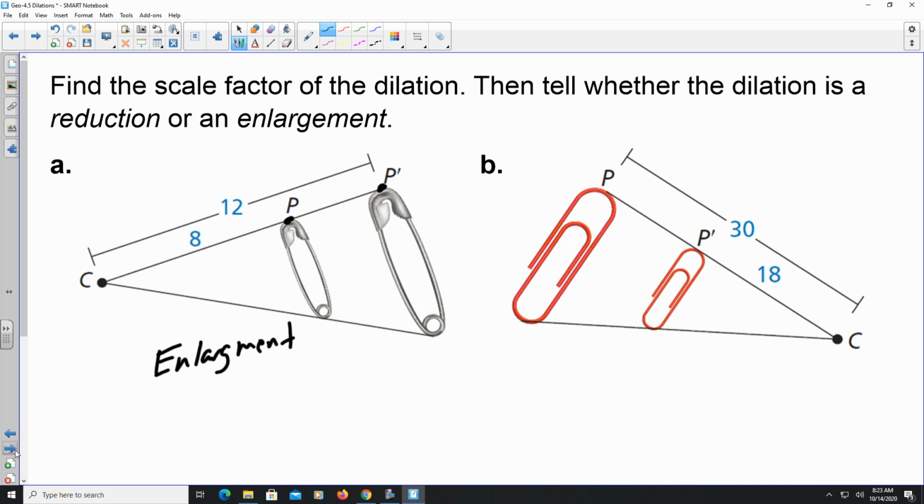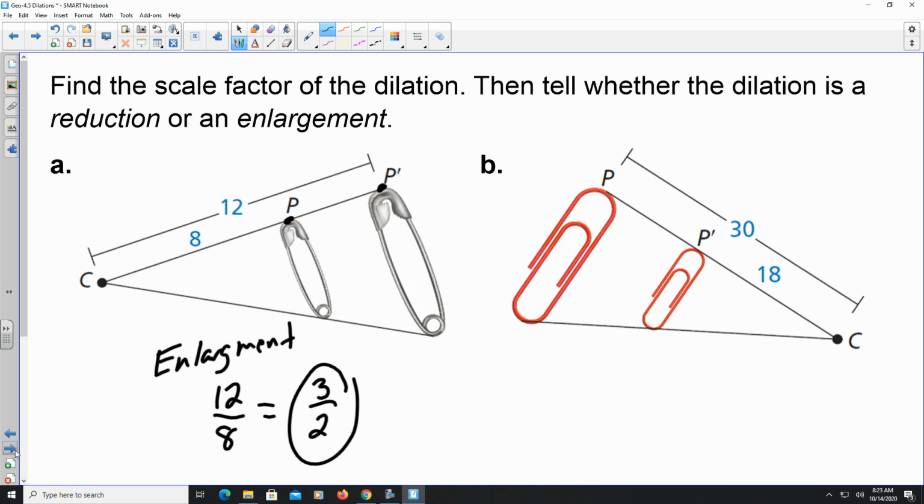So to figure out what the scale factor is, you take that larger number, in this case 12, and put it in the numerator, and this 8 gets put into the denominator, and then we reduce it from there. So 12 over 8 gets reduced to 3 halves. So 3 halves is my scale factor for this particular enlargement.